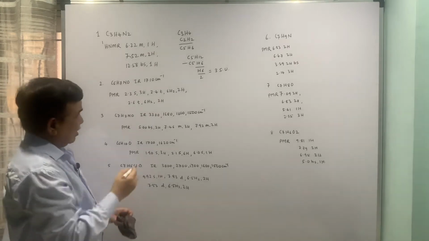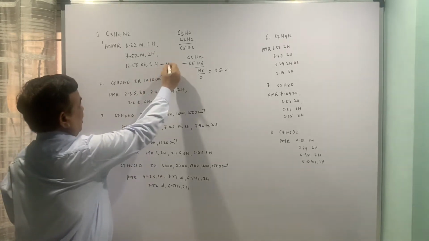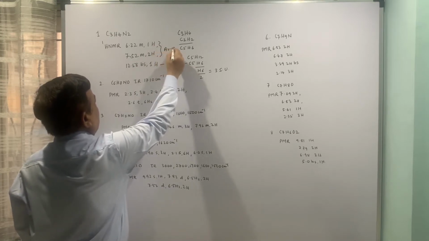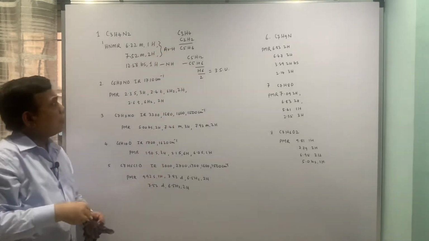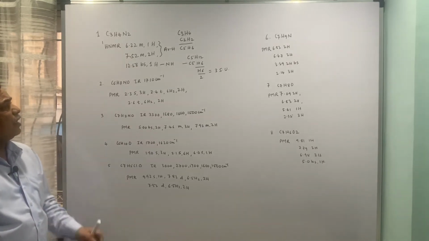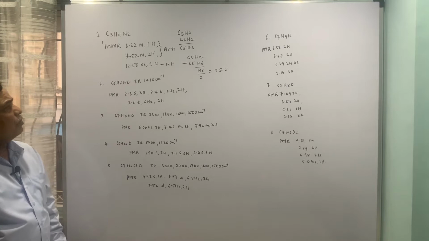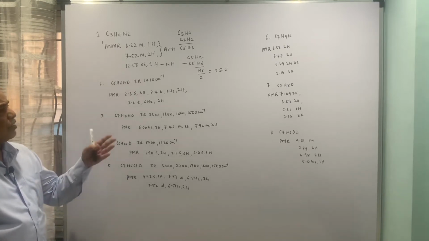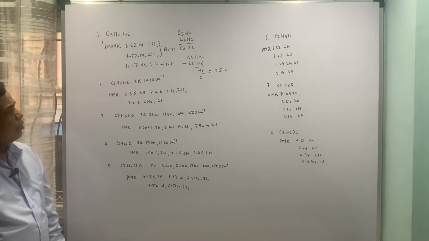Now these three are aromatic hydrogens, because either aromatic or olefinic, but anything above 6.5 we said, but this is going to be a different aromatic compound.